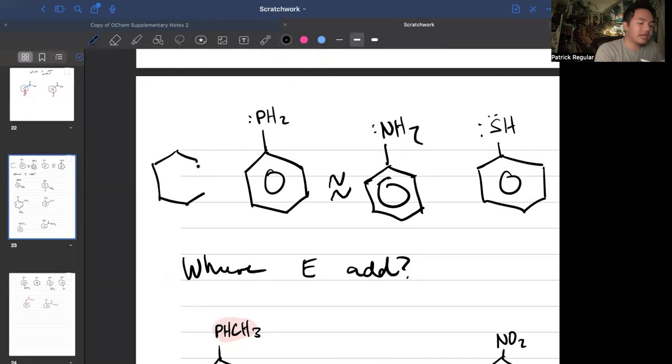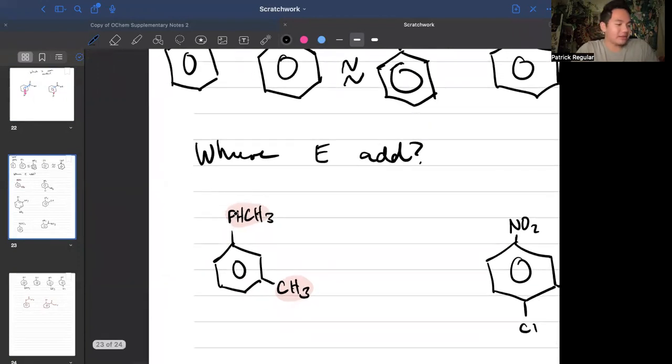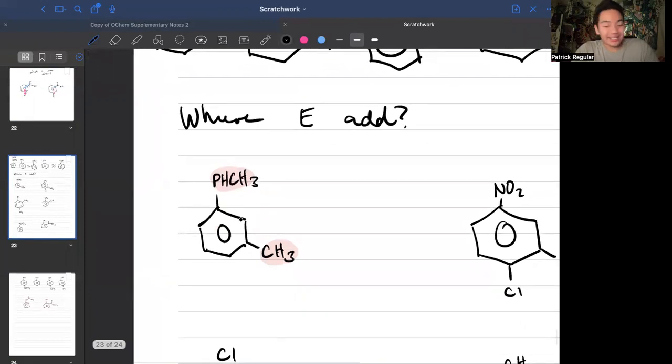So what I showed down there should have the same strength as an NHCH3 or an NHR, because CH3 is going to be an R group. So it's pretty much the same thing. Phosphorus has the same properties as nitrogen. So a strong activator, a weak activator.